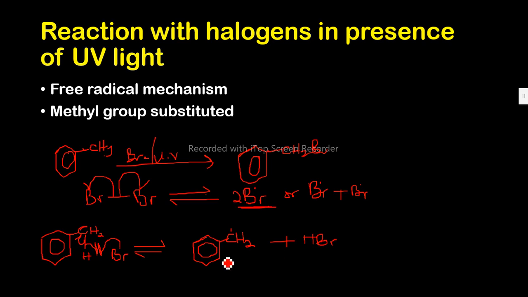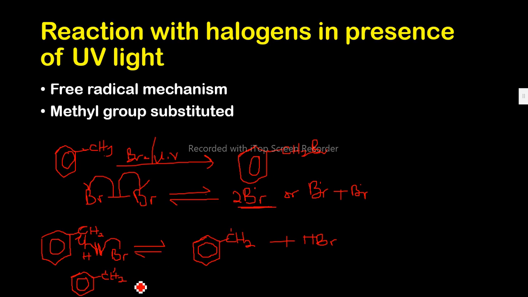And then, not finally, because this is still chain propagation, our phenyl methyl radical is going to react with a neutral molecule. This is our phenyl methyl radical, which is 2 here, and then a dot. It's a dot. If you write this in an exam, I cross.